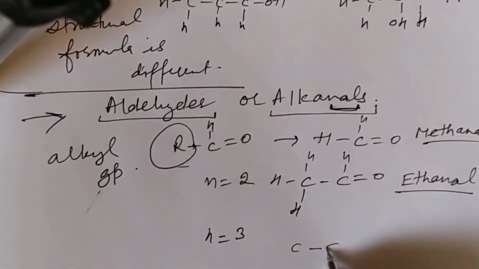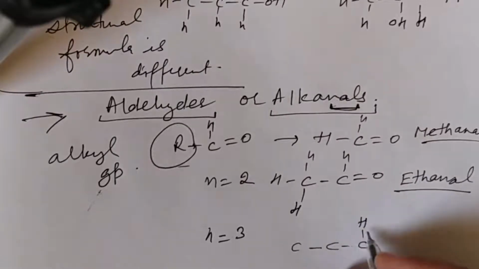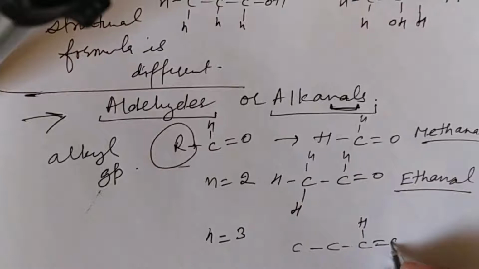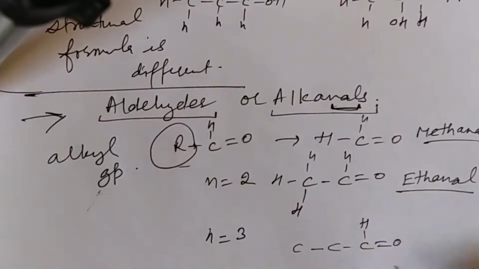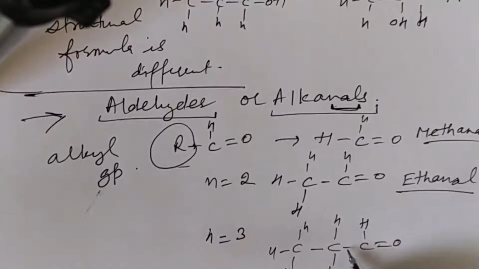There will be a three carbon atom chain in which the terminal position is carrying the functional group CHO, and the other carbon atoms complete their valency with the help of hydrogen atoms. You have to take care that the carbon atom valency should not exceed or fall below 4.